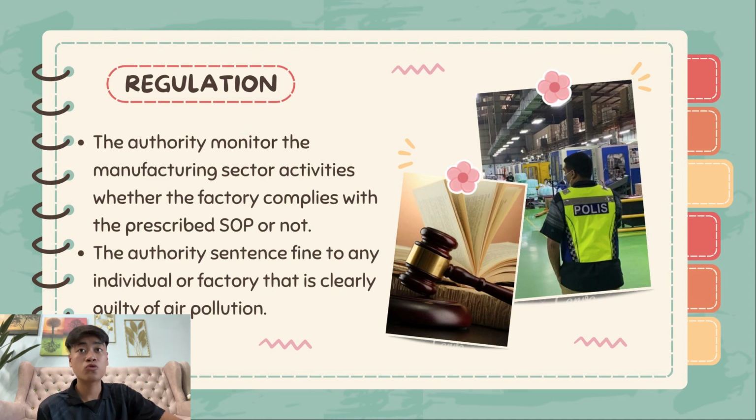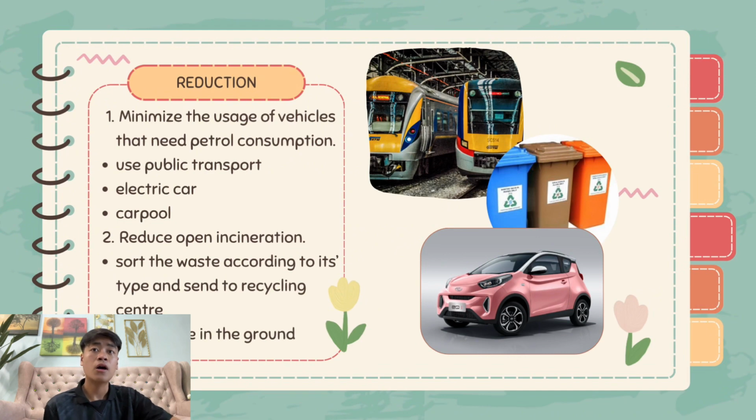Next, we go to reductions. We can minimize the usage of vehicles that need petrol consumption. Like we can use public transport, and also we can use electric cars or carpool, which is to share the car.